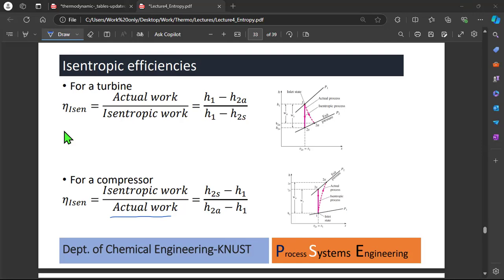H1 is the point that we are starting from.